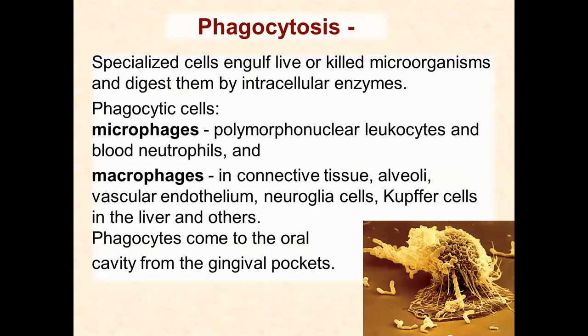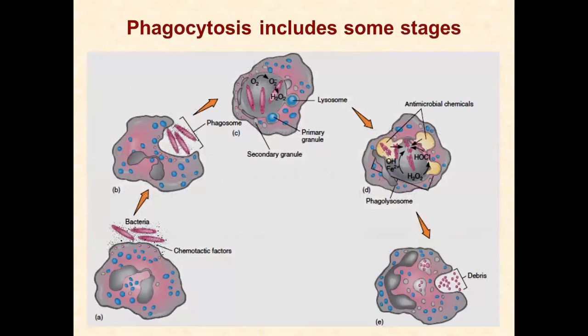And phagocytes may be found in the oral cavity, and they migrate there from the gingival pockets. And here you see the process of phagocytosis in one diagram, and it includes some stages which we'll study separately.